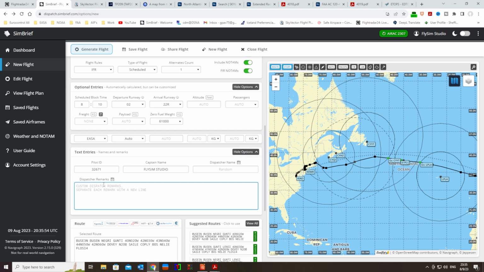Here I can write extra fuel due to, I don't know, suitable airport being marginal and for weather avoidance and route, and you brief the pilots accordingly.